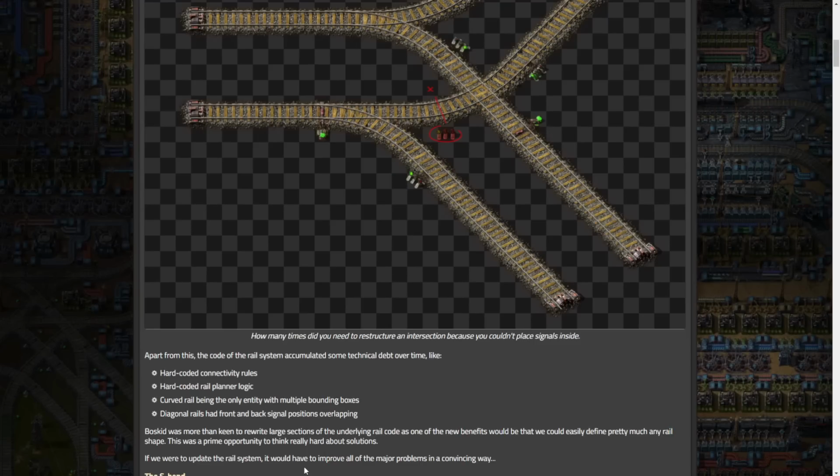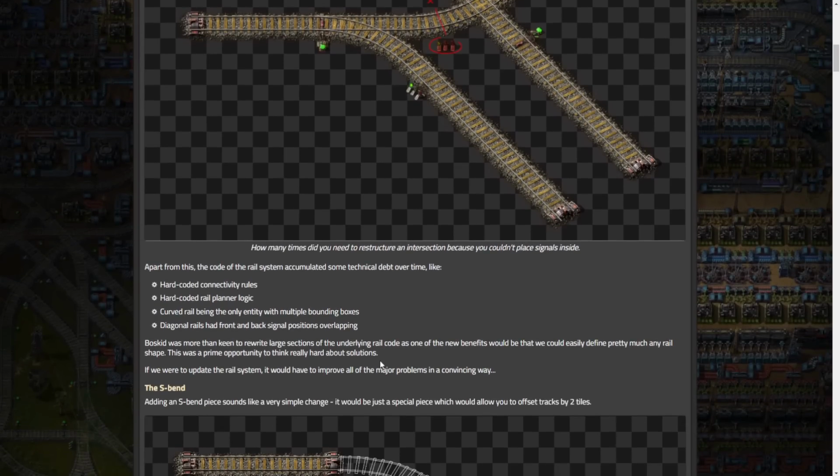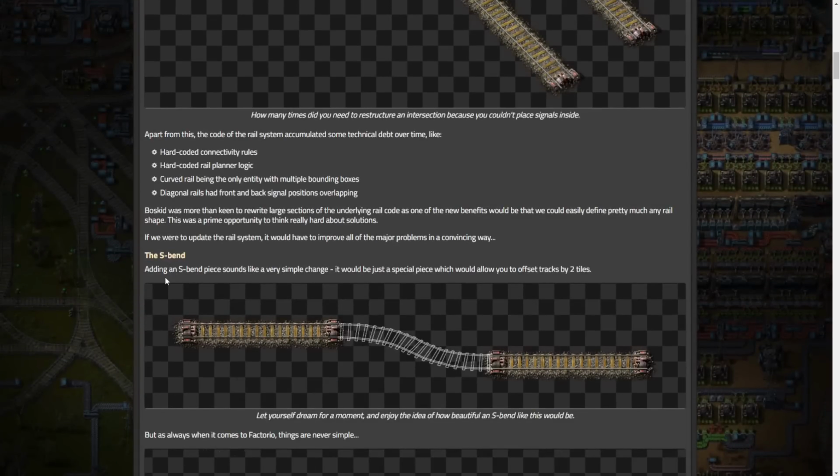This is a prime opportunity to think really hard about solutions. If they were to update the rail system, it would have to improve all the major problems in a convincing way. So they start with the S-bend here. Adding an S-bend piece sounds like a very simple change. It would be just a special piece which would allow you to offset tracks by 2 tiles.